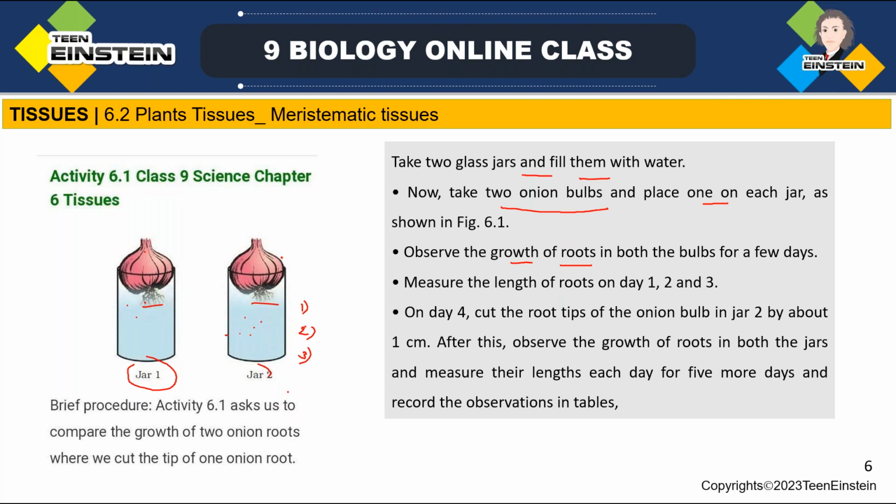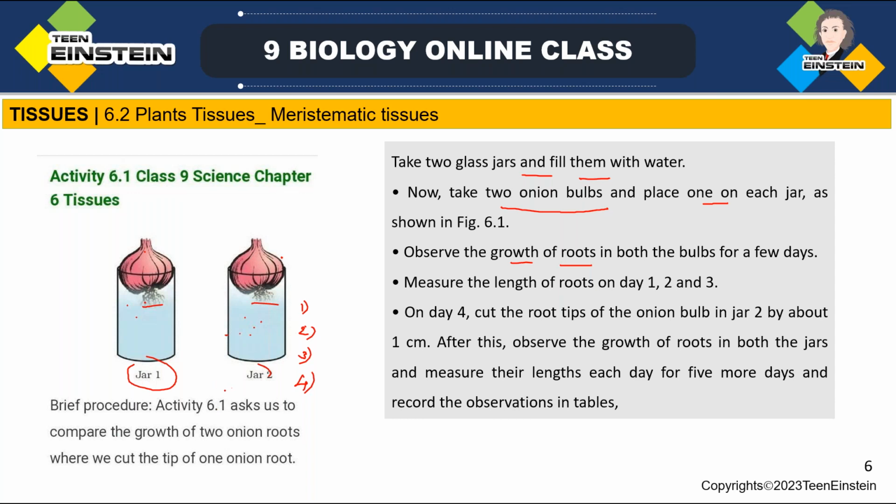Then on the fourth day, what you're going to do: from the two jars, one jar you leave as such, whichever you want as per your convenience, without cutting the root tip.